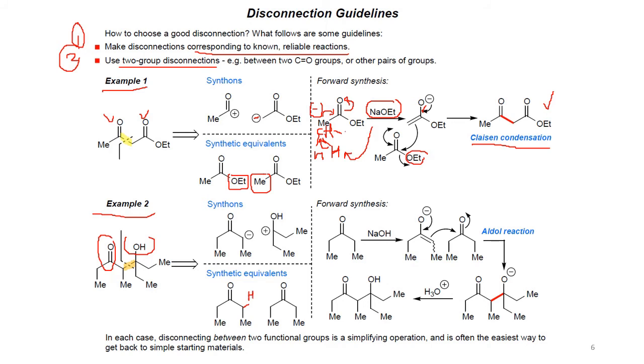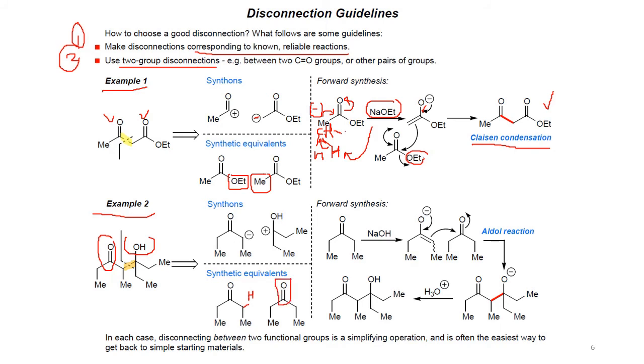For the other one, if you still remember, if you have OH and the carbon next to the OH is plus, it can be converted to C=O like this.